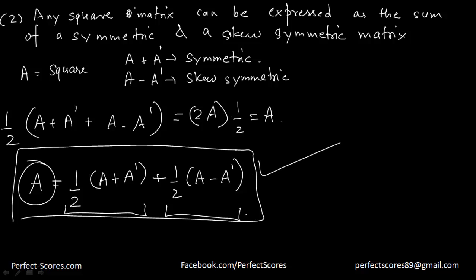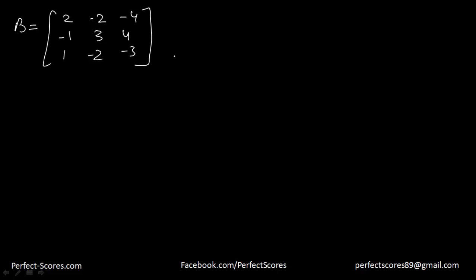Now let's put that to practice here. Let's suppose the matrix is this here, which is 2, negative 2, and negative 4. Let's say negative 1, 1, 3, negative 2, 4, and negative 3. We want to express this as the sum of a symmetric matrix and a skew symmetric matrix, right?